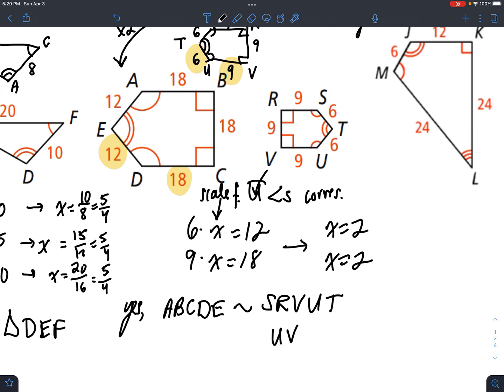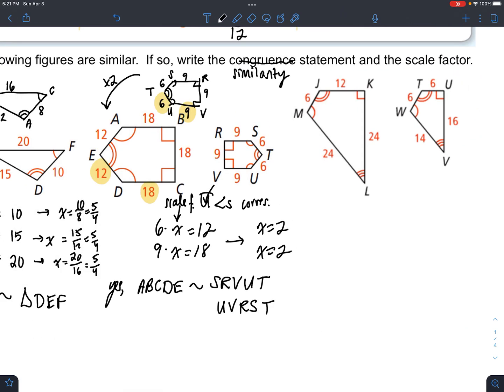For example, I think you could do S, V, U, V, R, S, T. And that would also work. But don't worry too much about that. As long as you are showing me it's similar and matching up the shapes as they're given, it's fine. Okay.